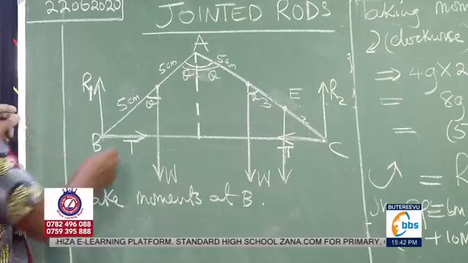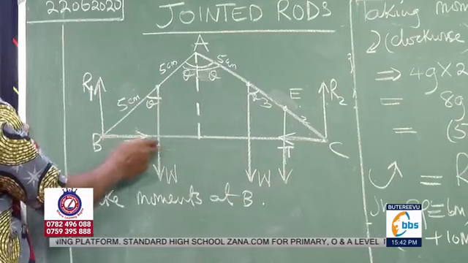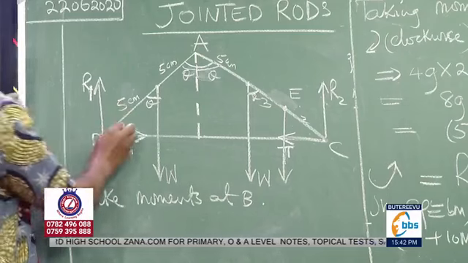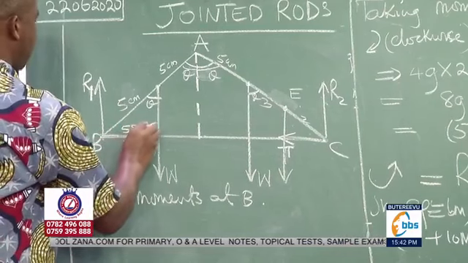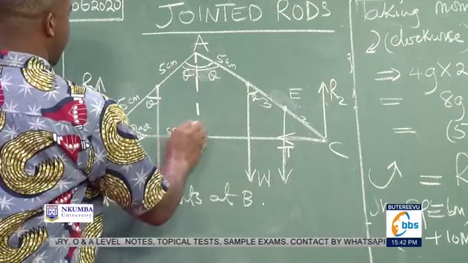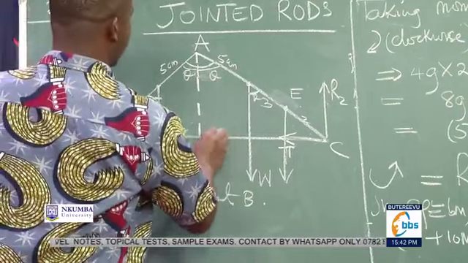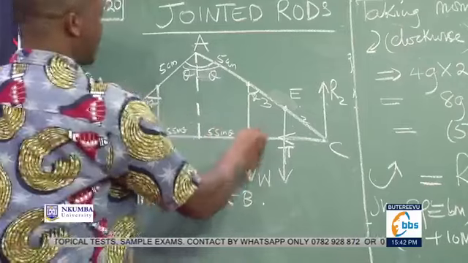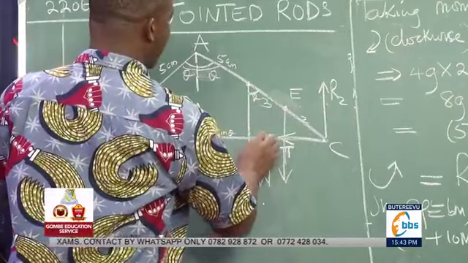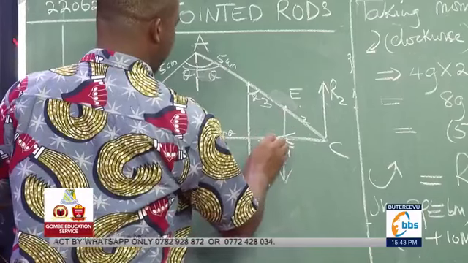Using trigonometry, this distance, this one that we need, will be 5 sine theta. Let me write them there. And this will also be 5 sine theta. This up to here will also be 3 sine theta.